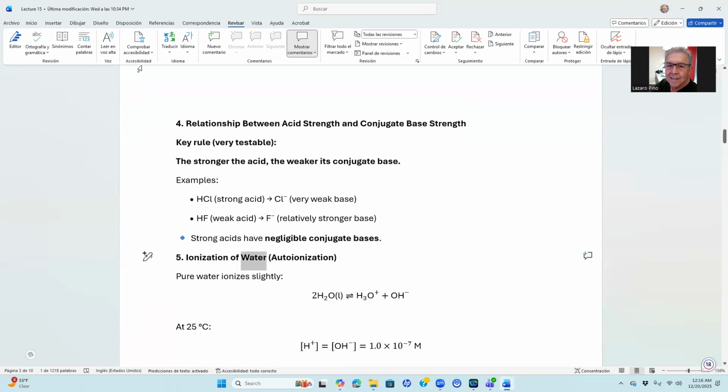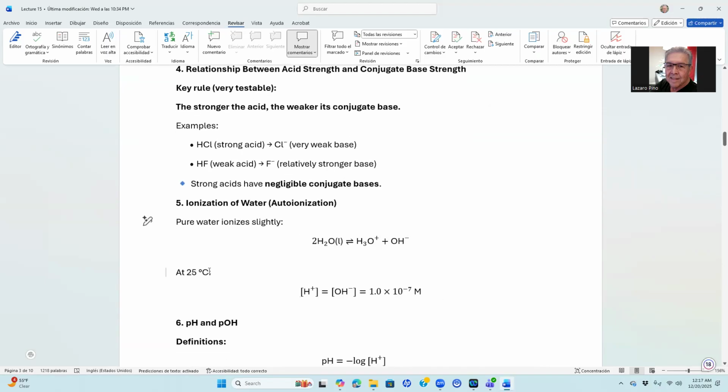5. Ionization of water, autoionization. Pure water ionizes slightly. Pure water is not completely ionized, it's only partially ionized, producing the hydronium ion and the hydroxide ion. At 25 degrees Celsius, the concentration of each ion in solution is equal to 1.0 times 10 to the negative 7 molar.